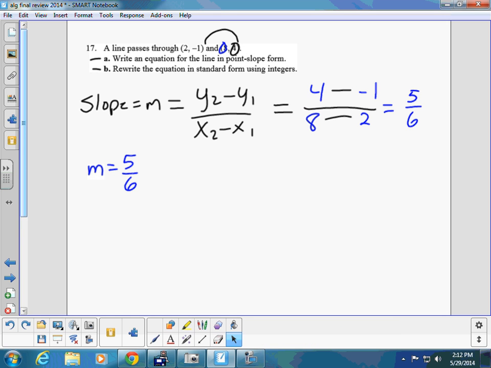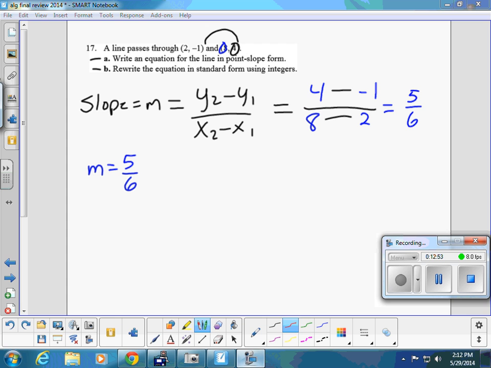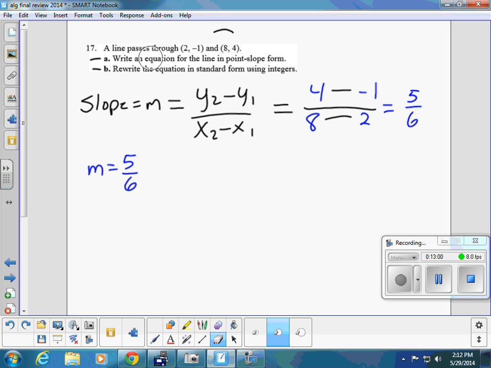Okay, so we need to put that slope and the points and put it in point slope form. Well, what is point slope form? It is what it says. You need a point, which is the y1 value and the x1 value, and the slope, m.